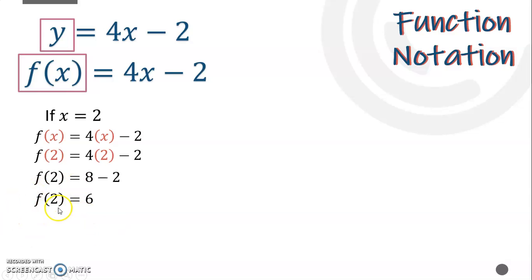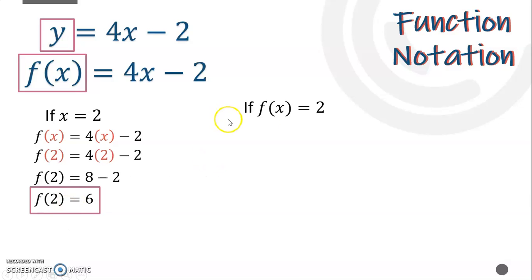Here, you don't need to move this 2 because the 2 is not multiplying the f. They're just telling you that it is f of 2, when you work in the function with x equals 2. So our final answer, when they ask you if x equals 2 using this function, is f of 2 equals 6.